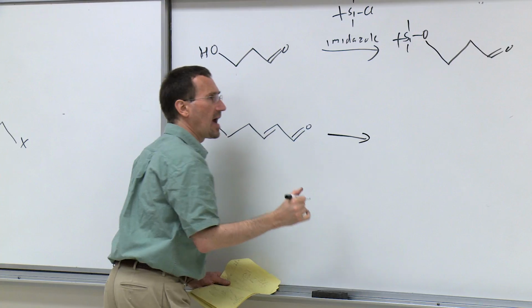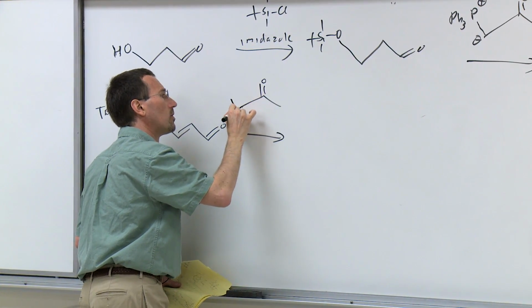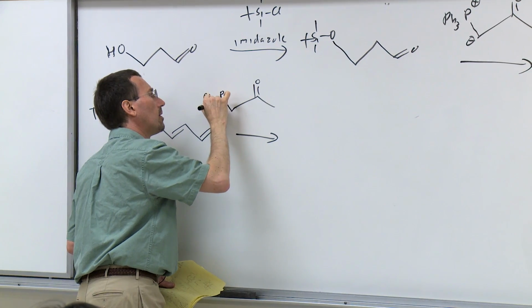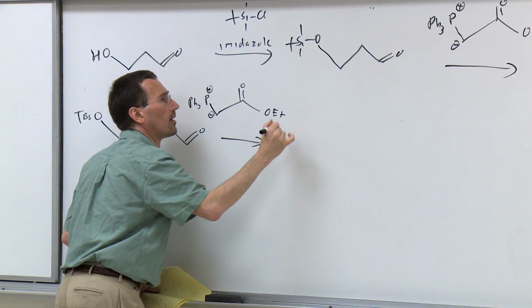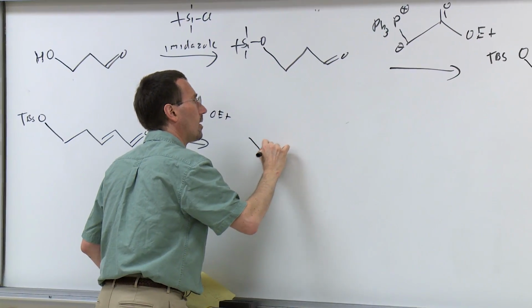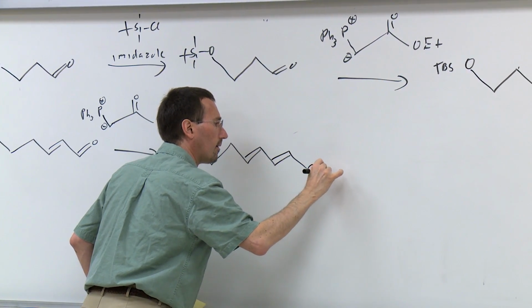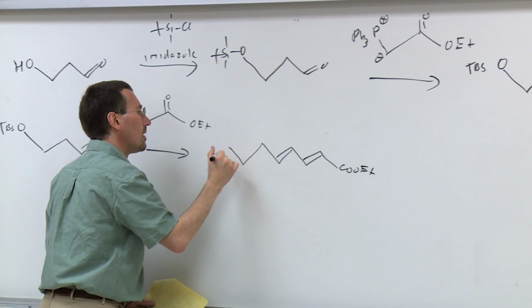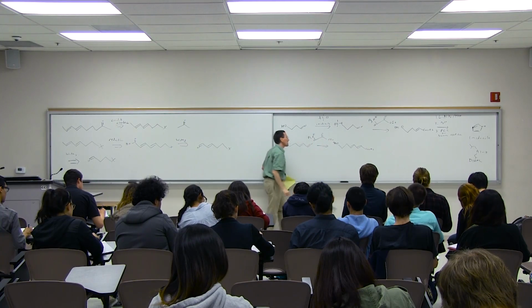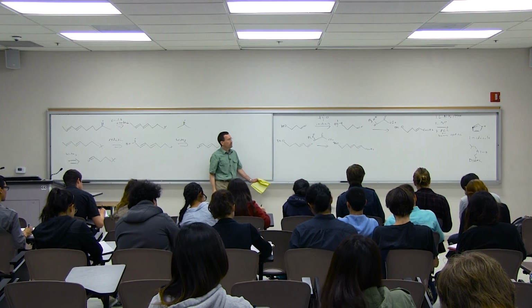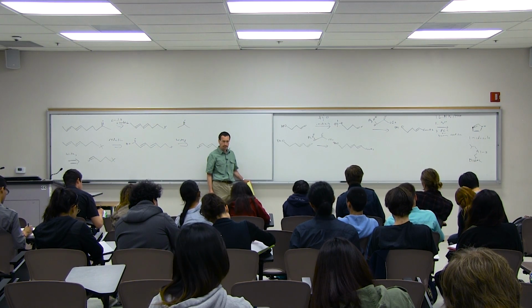So now we're at the aldehyde. Again, we would build it up with the Wittig reaction. And that should get us our diene stereoselectively.